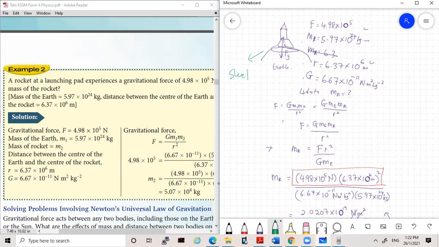Sketch the diagram, take out the data given, and before substituting, write the formula. Then the fourth step, make the quantity the question asks for the subject, change subject, and then substitute.